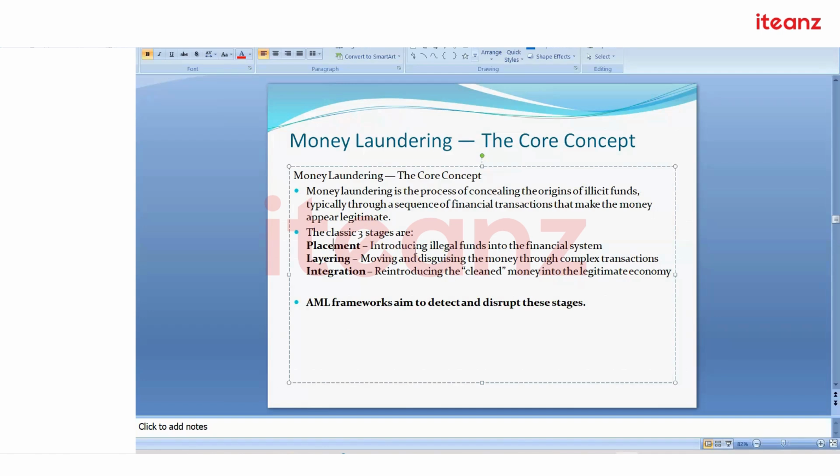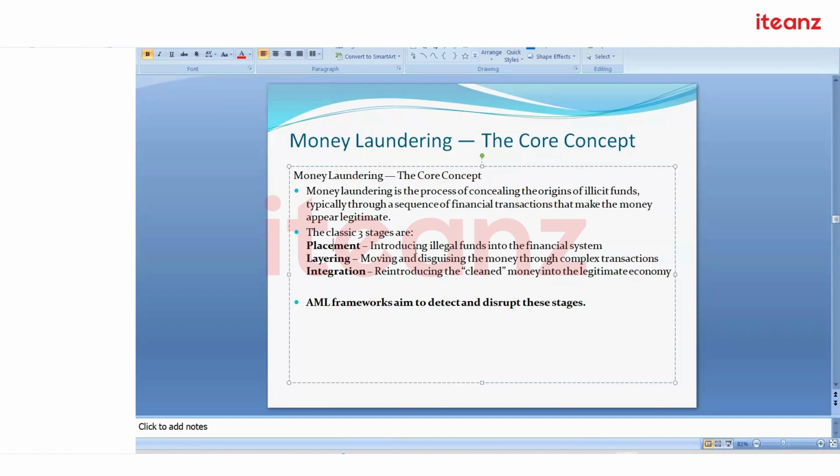Now, when you are giving that 50,000, 1 lakh to all these people, this part is called layering.